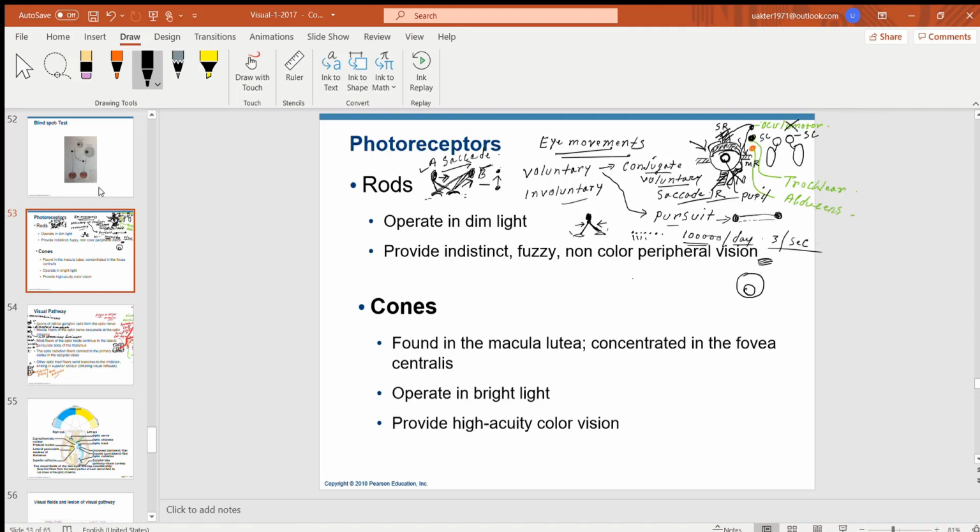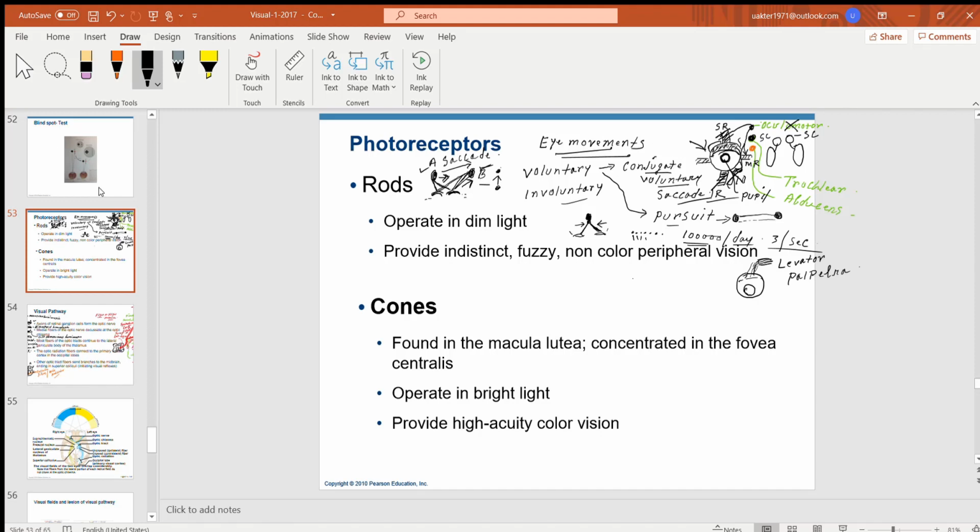Levator, that means it lifts the upper eyelid. This muscle goes to the upper eyelid and pulls it upwards.